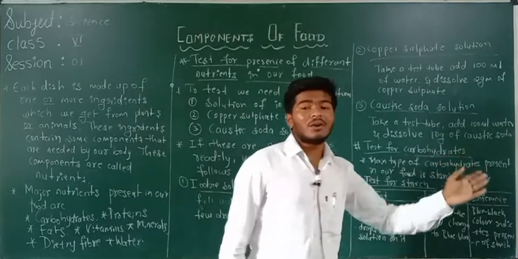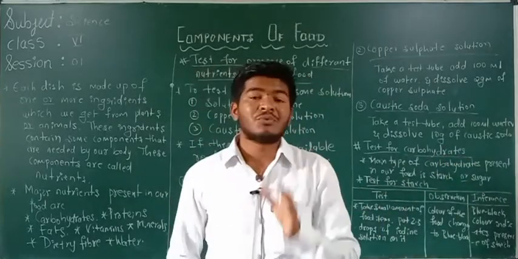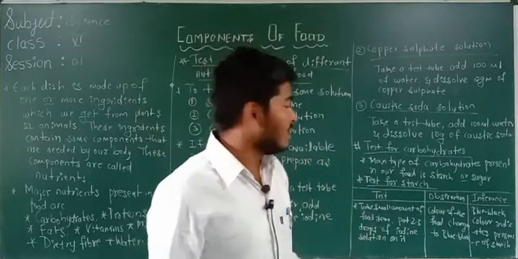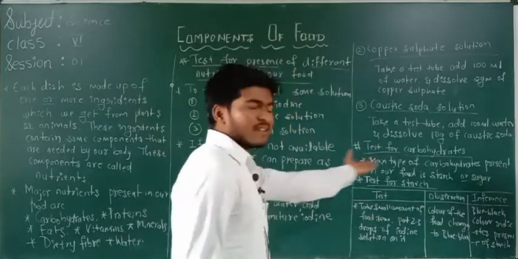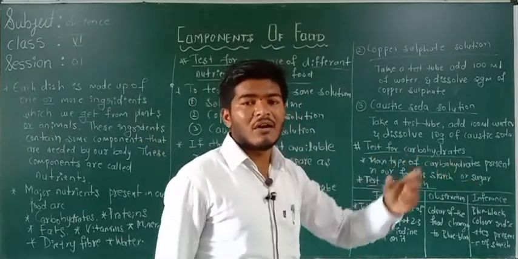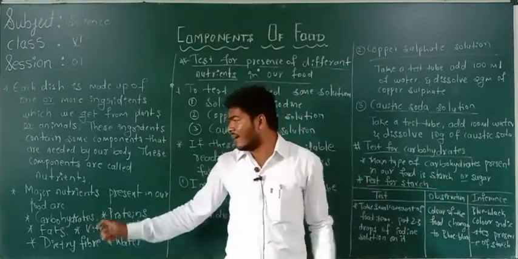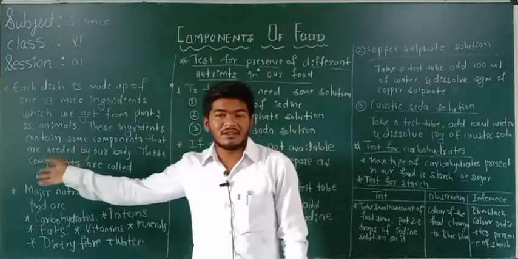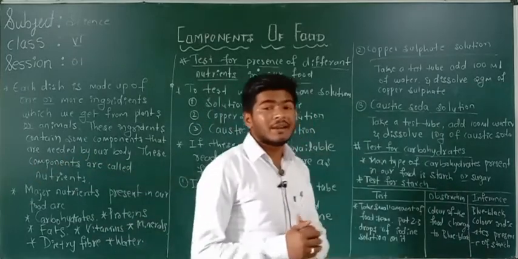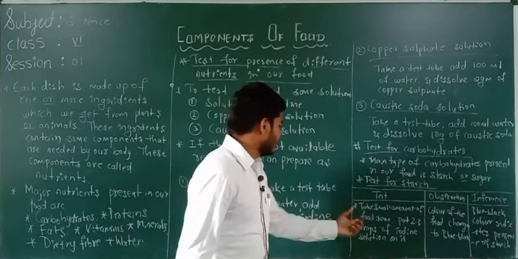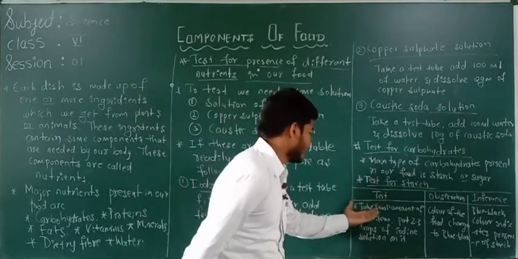So now we are going to make one test to check whether starch is present in our food or not, because starch is one of the carbohydrates present in our food. How are we going to make the test? Listen here. Test for starch.